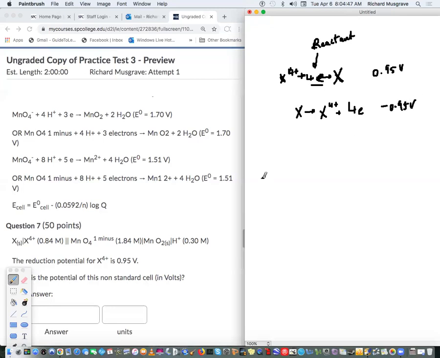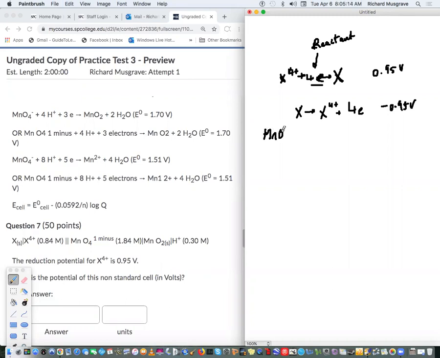Now, the other equation we're looking at, you have to choose from one of these two, and you want the one with MnO4 minus and MnO2 and H plus, and that would be the top one, this one up here. That one doesn't get changed because it has to be a reduction anyway, and I just copy that as it is. Let me move it over just a tad.